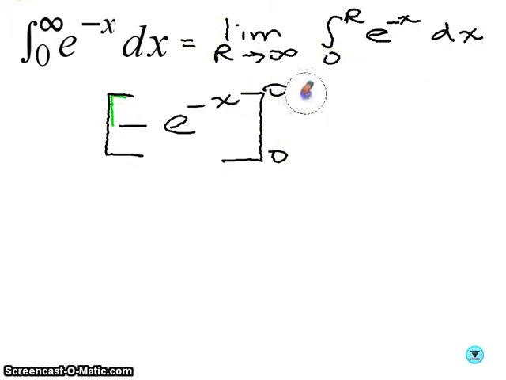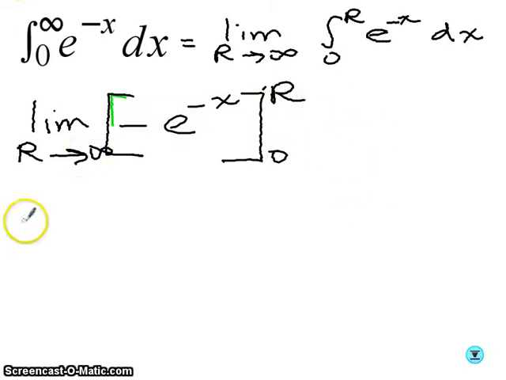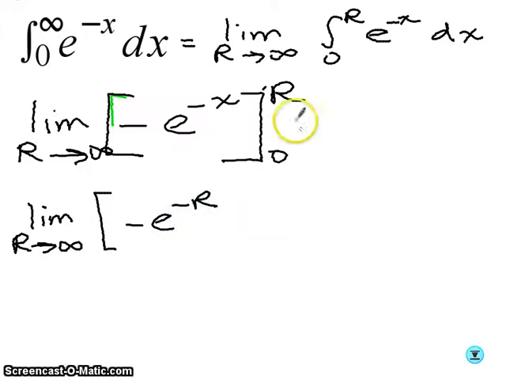We write the limit as r goes to infinity of the antiderivative from 0 to r. Watch how we evaluate it. Take the limit as r approaches infinity. We substitute using the fundamental theorem of calculus, so negative e to the negative r, minus the negative e to the 0.